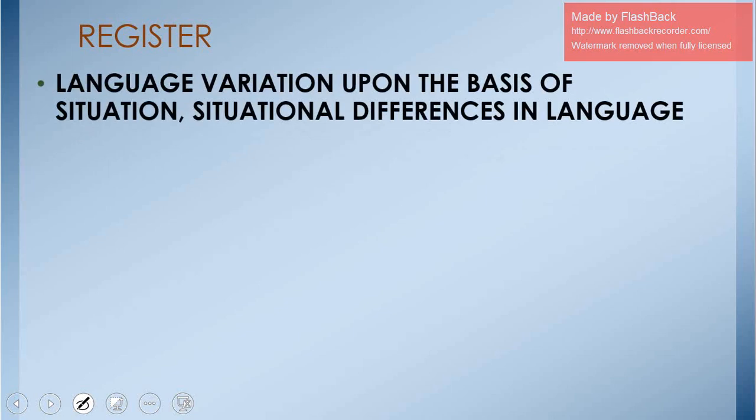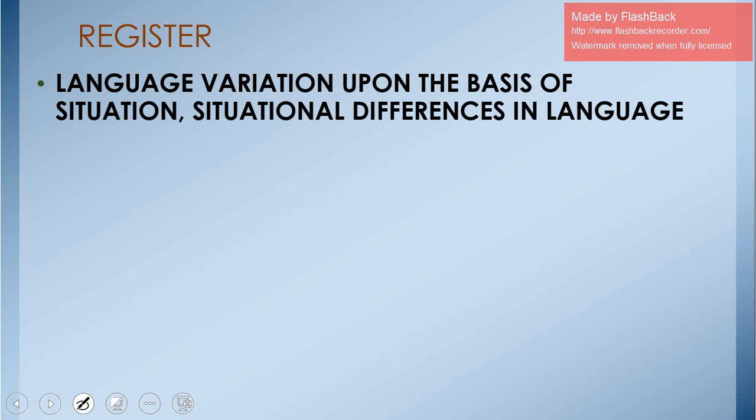Register. So what is the register? It is language variation upon the basis of situational differences in language. In different situations, we use different ways of speaking. We speak differently in front of our parents, in front of our siblings, and in front of our colleagues.